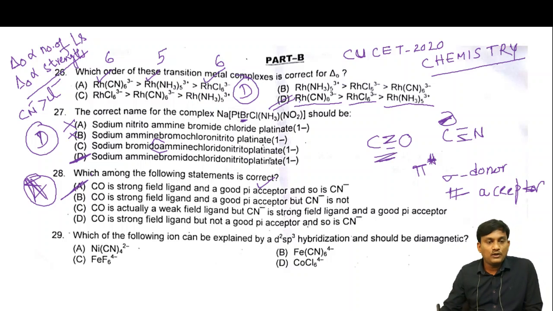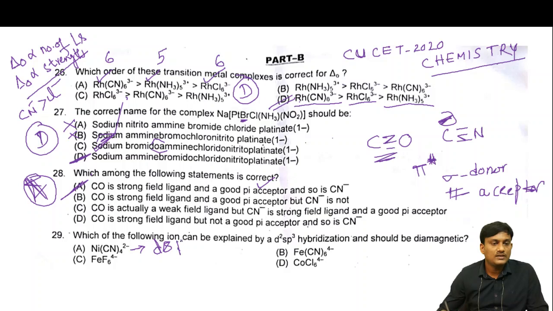Which of the following ions can be explained by d2sp3 hybridization and should be diamagnetic? If you take [Ni(CN)4]2-, in this case the hybridization is dsp2.